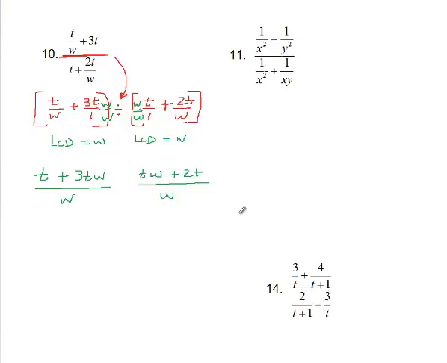Now, as you can see, I still have a division sign in between, and of course what that means is I have to multiply by the reciprocal, correct? So we end up with t plus 3tw all over w multiplied by w over tw plus 2t.